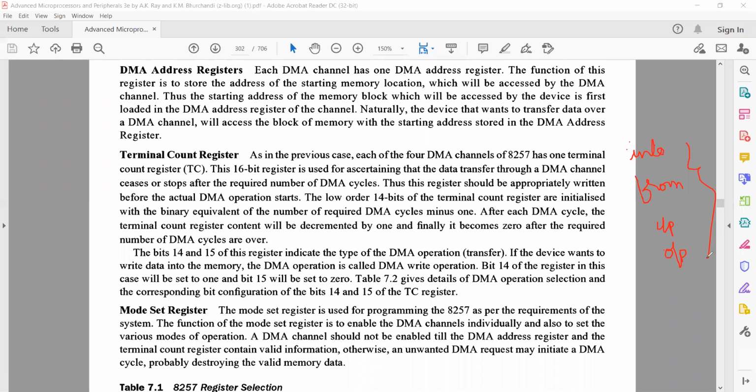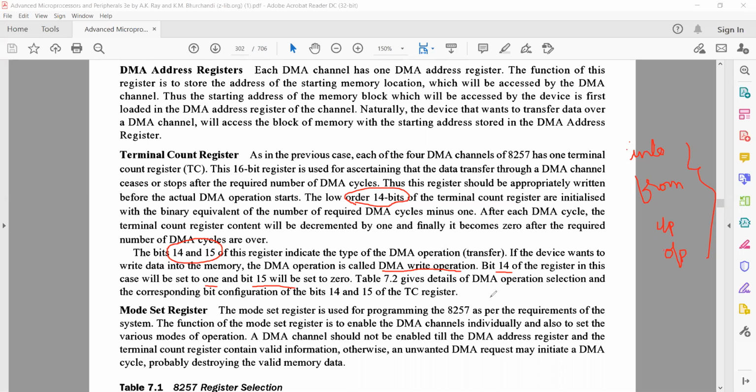Which type of DMA operation is performed is indicated by the remaining two bits, bit 14 and 15. The first 14 bits indicate the number of DMA cycles, and the next two bits indicate the type of DMA operation. If the device wants to write data into the memory, the DMA operation is called a DMA write operation, and for this, bit 14 will be 1 and bit 15 will be 0.